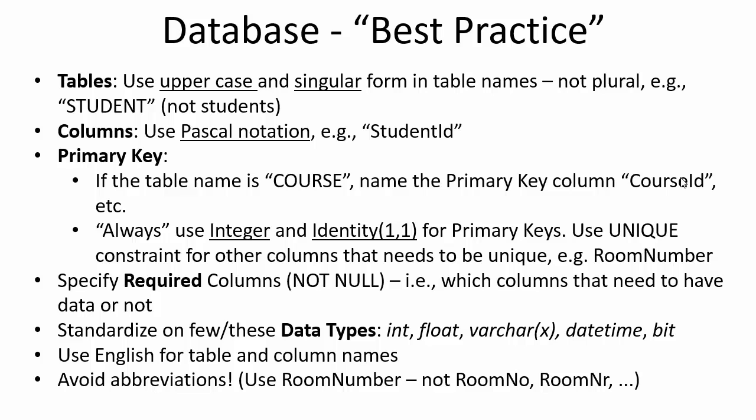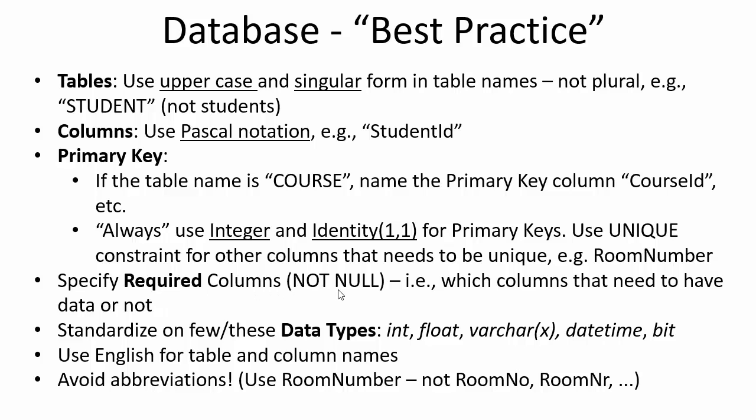And also the primary key should typically be an identity column, meaning the number within that column just increases by 1. So the first course to enter has the course ID 1, and then 2, 3, etc. For some columns you should also use the required column property.